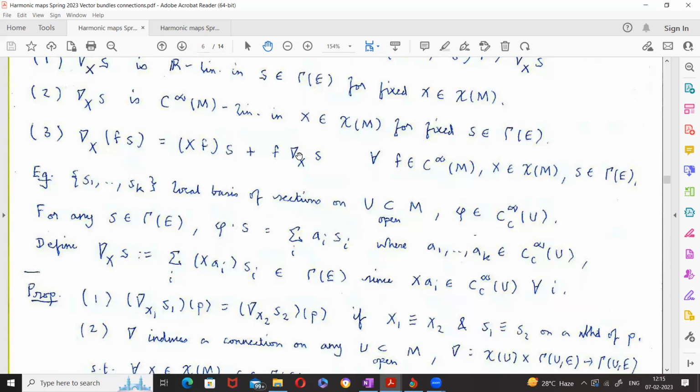So that's simple because if I take F times S, then F times S will have coefficients F times AI, right? Okay. So my nabla X of FS will be the sum over I of X of FAI, and then X satisfies the Leibniz rule. So X of FAI will be XF into AI plus F into XAI. And so that will give you the Leibniz rule for this. Is that clear?